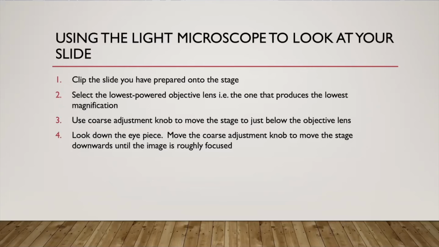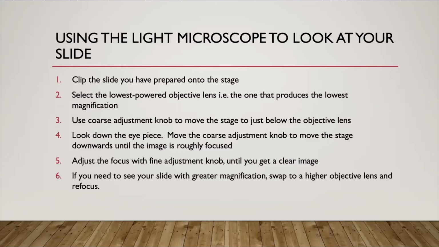Look down the eyepiece and move the coarse adjustment knob to move the stage downwards until the image is roughly focused. Adjust the focus with the fine adjustment knob until you get a clear image. If you need to see your slide with greater magnification, swap to a higher objective lens and refocus.